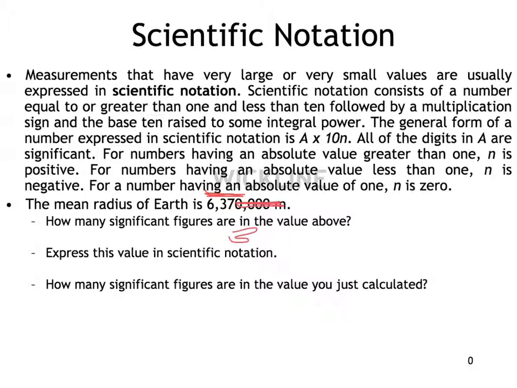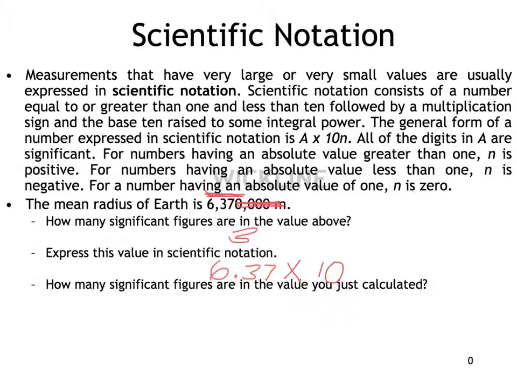In terms of scientific notation, it's going to be something like 6.37 as my value for A. Remember, you can only have one digit to the left of the decimal. And the exponent, we'll have to be clever about that. We can go ahead and put in the times 10, because that's required.